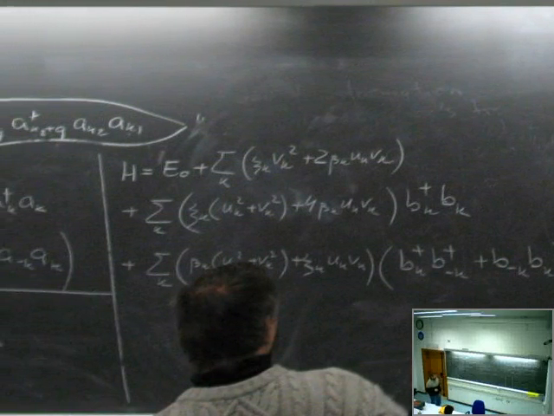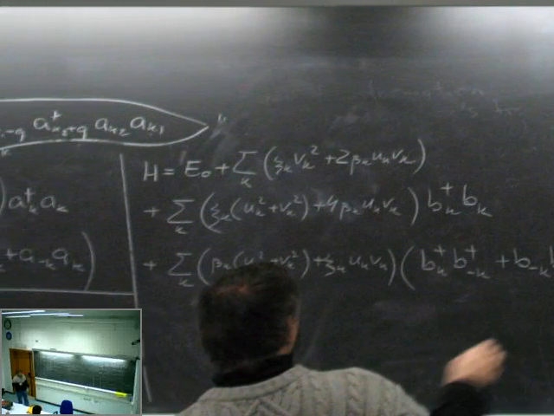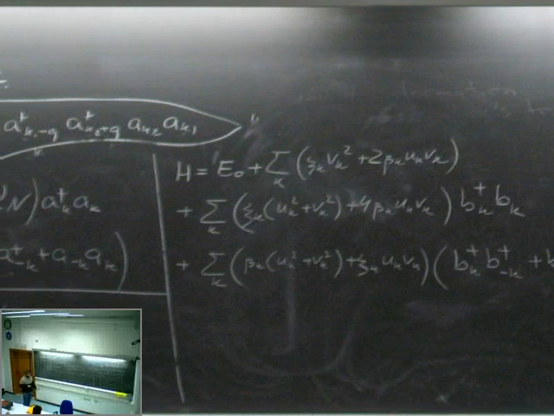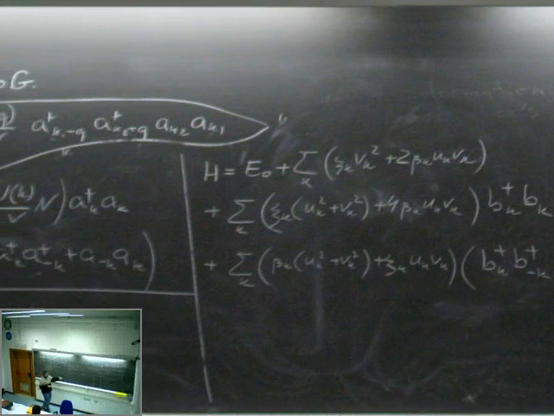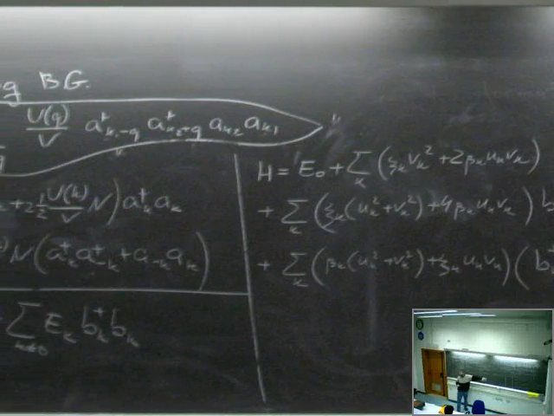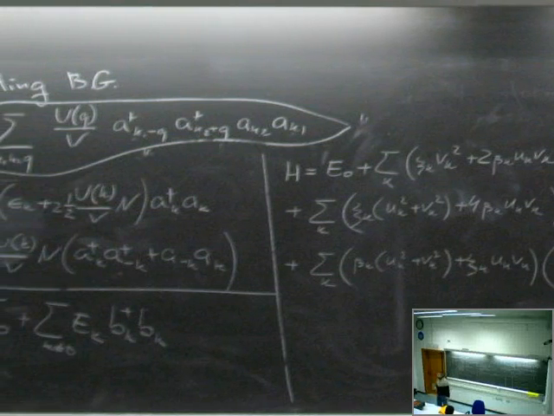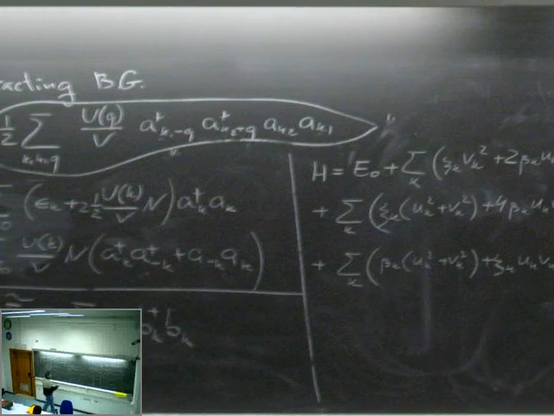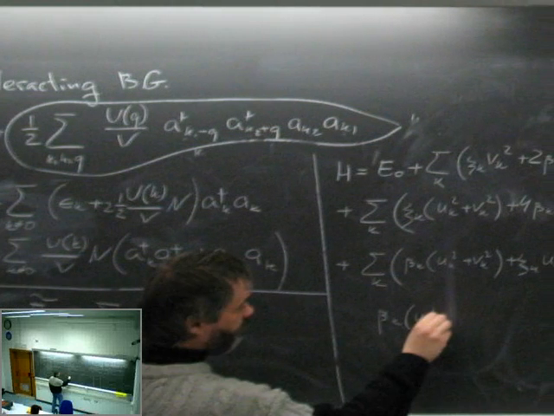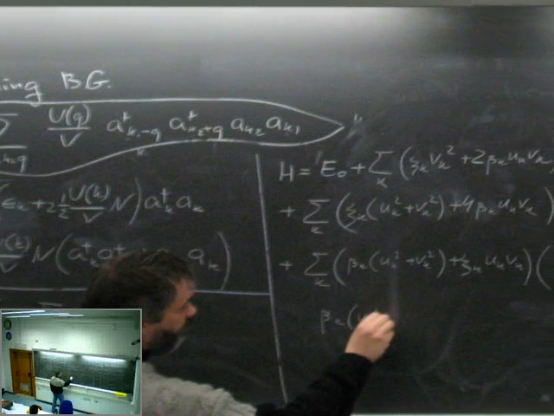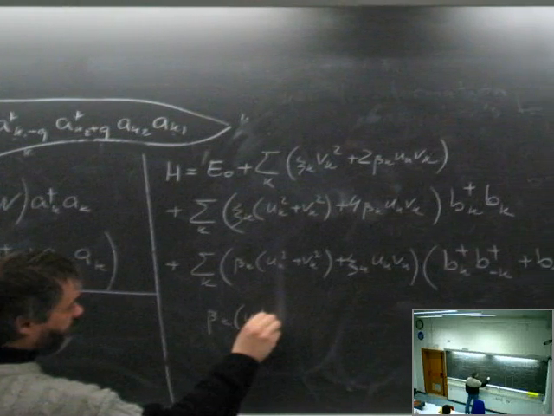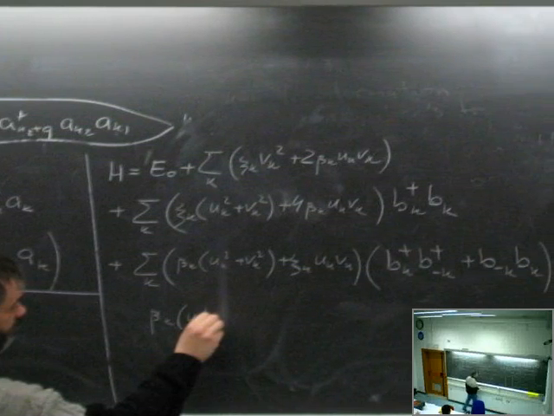So now I have to request that the Hamiltonian is diagonal in these new variables. Therefore, I have to request that this coefficient is equal to 0. I'm writing it: beta K UK square plus VK square plus psi K UK VK is equal to 0.